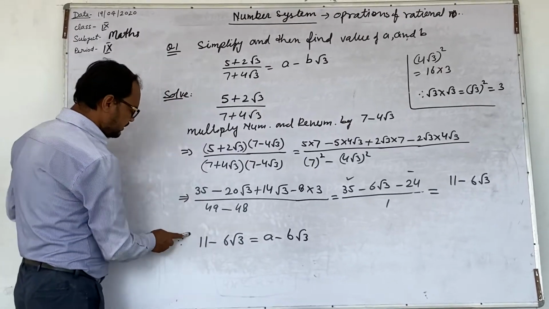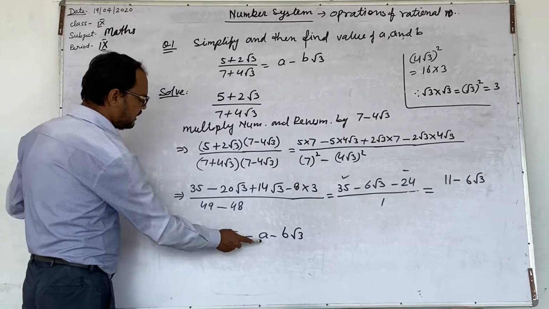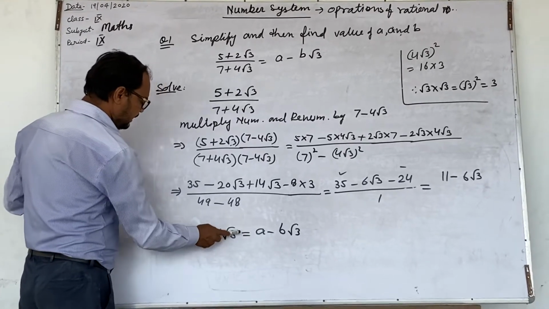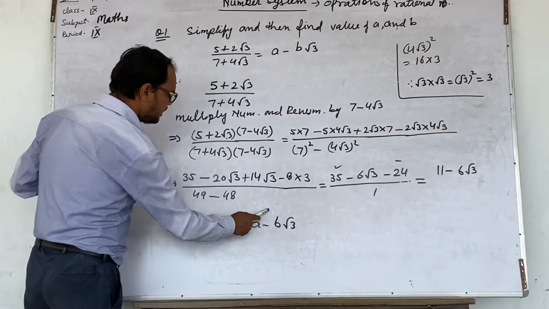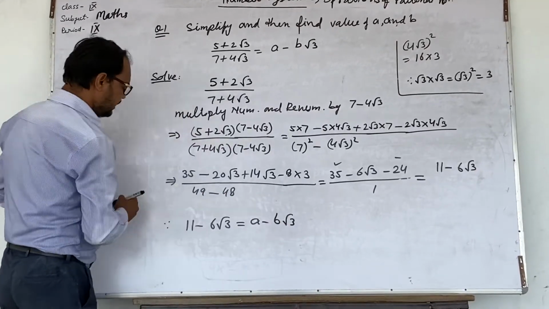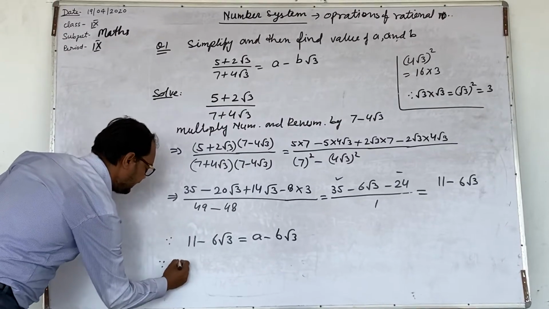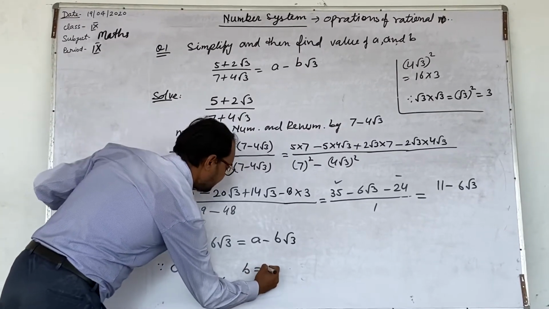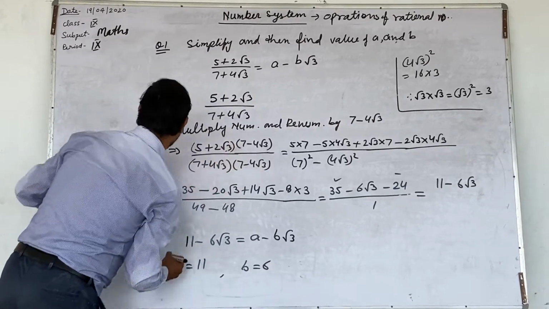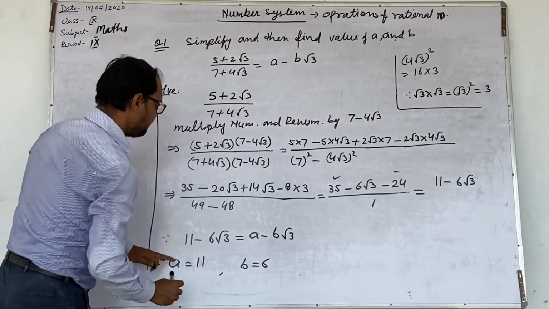Here the rational term is 11. Here the rational term is a. The irrational term is 6 root 3. The irrational term is minus b root 3. So we can write here a equal to 11, b equal to 6.